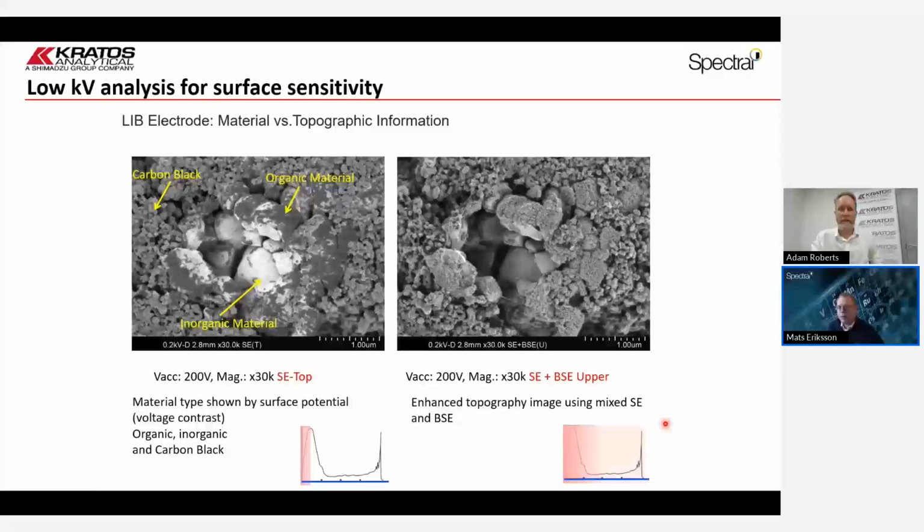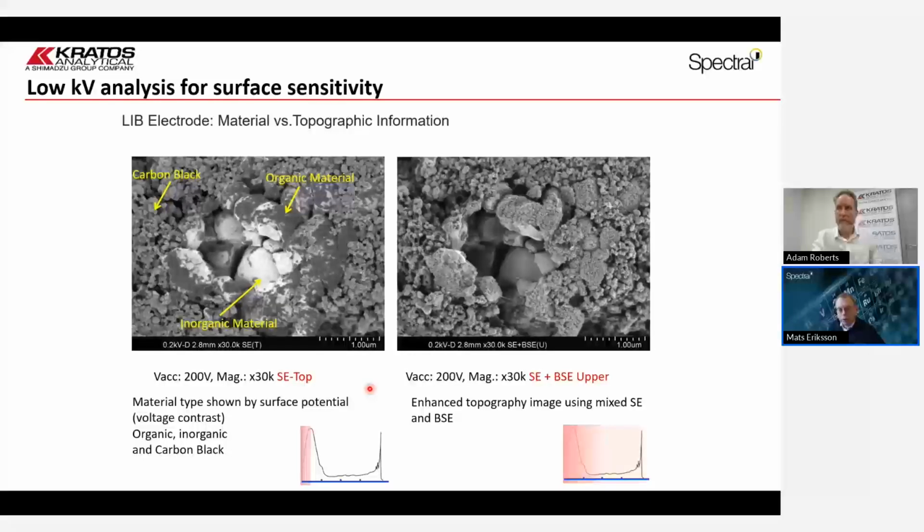Again, I'm trying to push the SEM EDS envelope a little bit here. These are imaged at 200 volt landing voltage. That's a very unusually low energy for the primary electrons, which means the interaction depth is coming very close to XPS surface sensitivity.